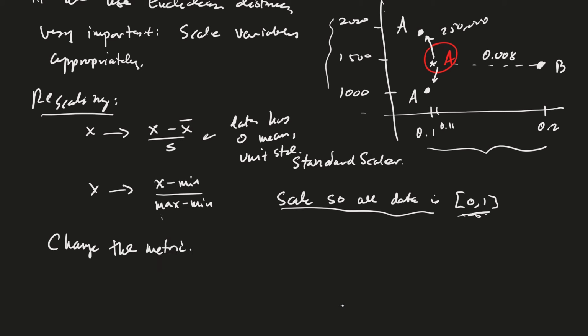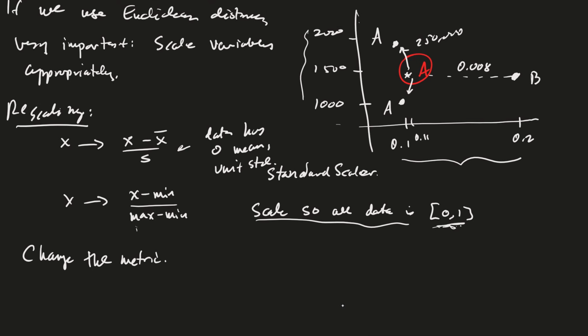Right, so instead of taking your metric to be delta x squared plus delta y squared for your Euclidean distance, you could change that so that you're scaling by some alpha 1 here and an alpha 2 here. But this is probably harder to do. I would recommend scaling the data rather than changing the metric itself, because that's harder to remember. Scaling the data is easier to remember.